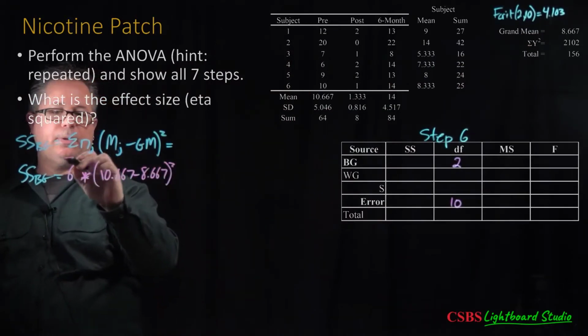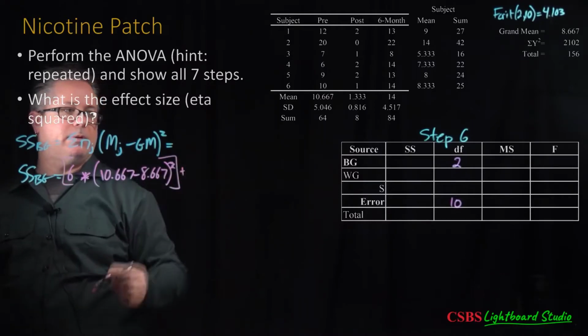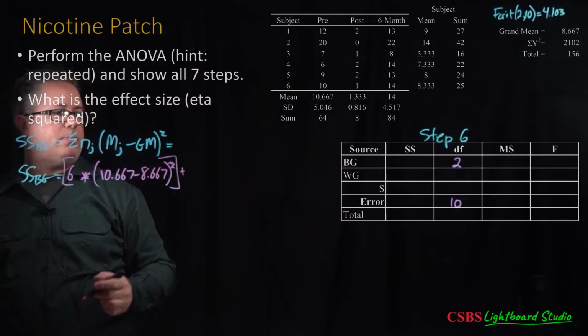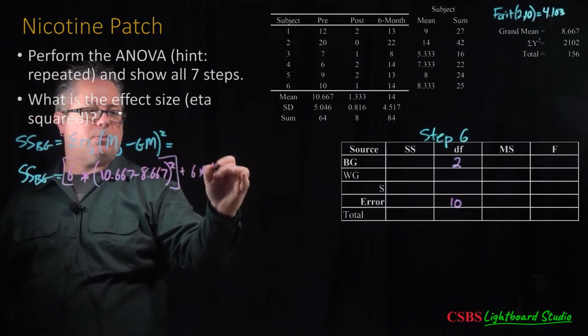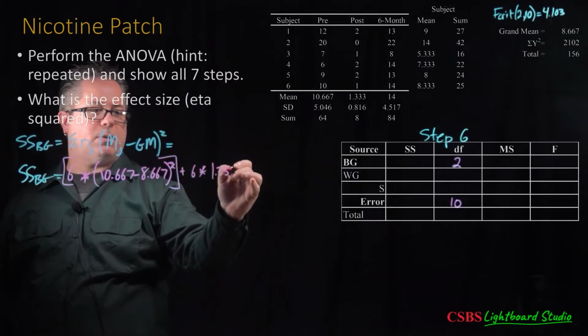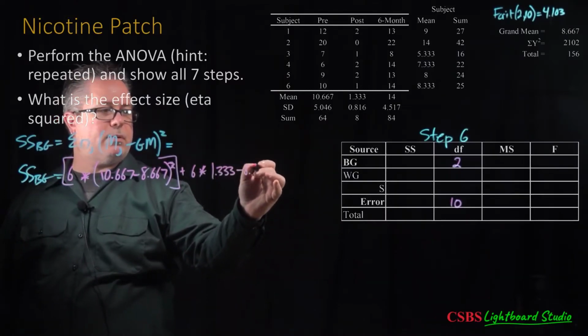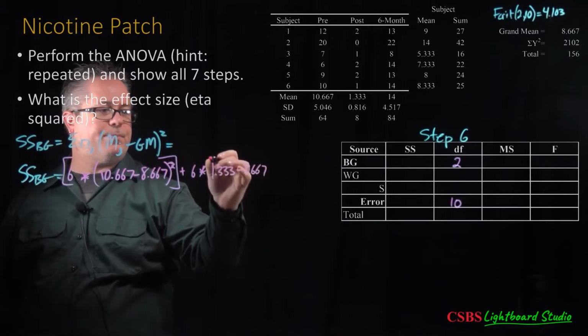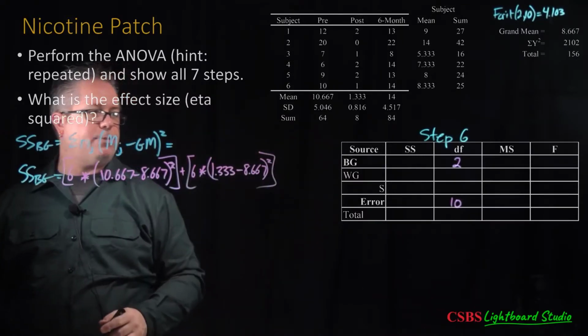Let's square that. That's the first group. Plus, the second group is 1.333, so I'm going to take 6 times 1.333 minus 8.667, squared. The whole thing is all for that group.